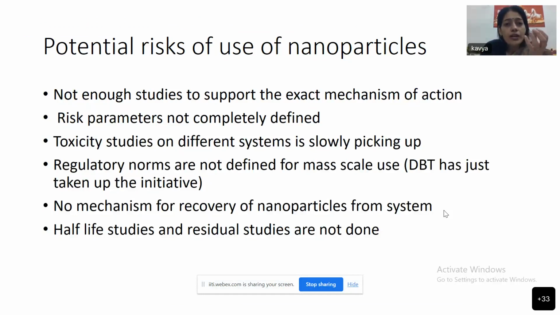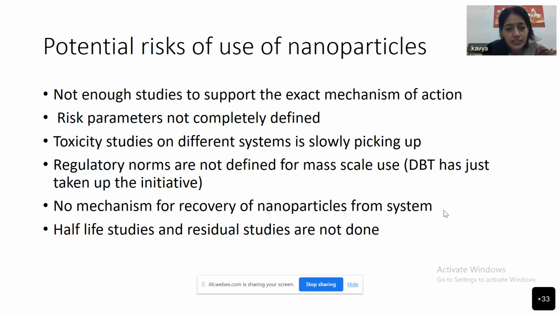We do not know the attachment site of a nanoparticle when applied in the field during a varied set of experiments. We do not know what happens when that site of attachment changes. We do not know how it behaves, what attracts a nanoparticle to that particular site. We do not know the risk parameter as of now. It has not yet been completely defined.